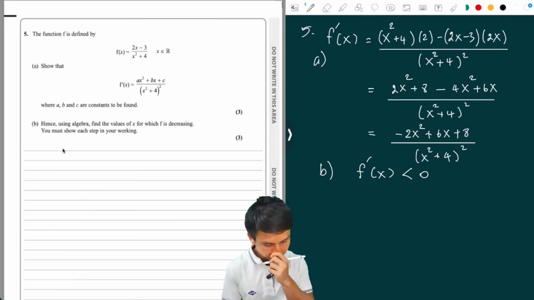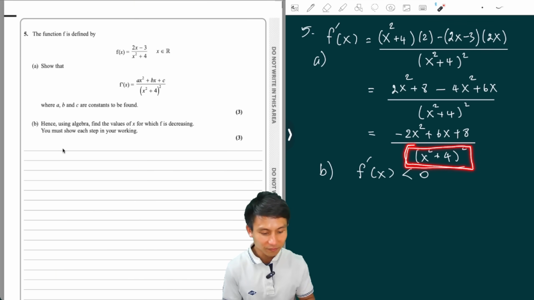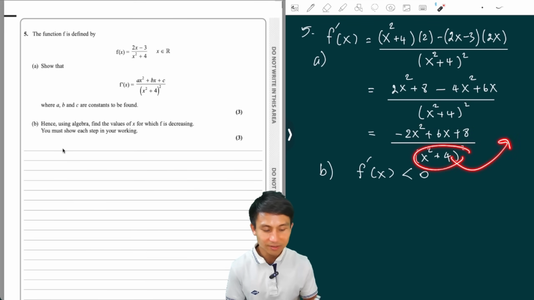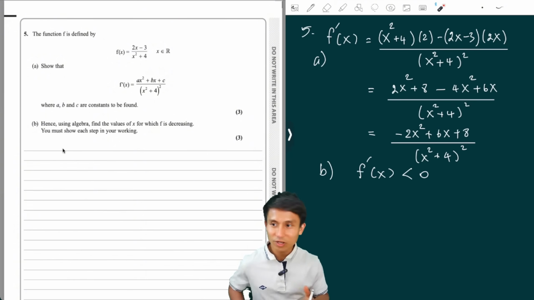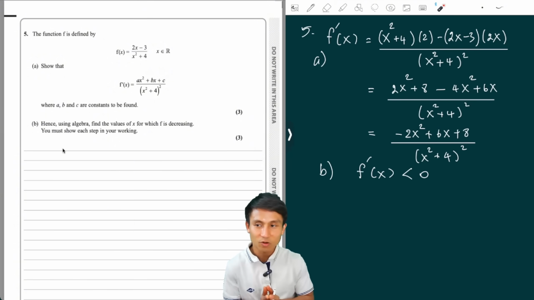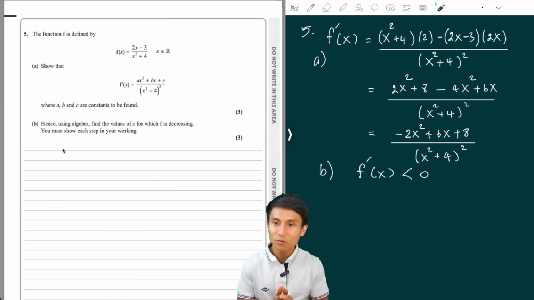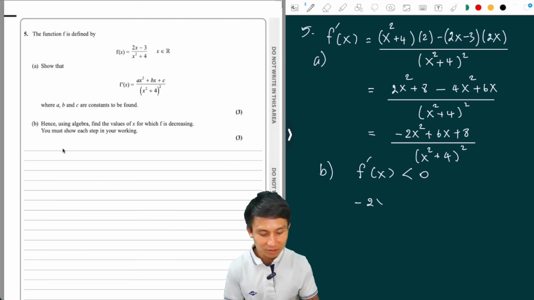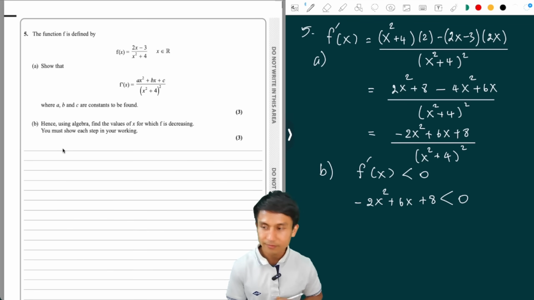Now, as you can see, this is already a positive. Yeah, so when you put this whole thing less than 0, you can multiply this to cancel it, because we are not considering the bottom part now because it's always positive anyway. So we can only say that the thing that needs to be negative is just the top part, right? Just the top part there.